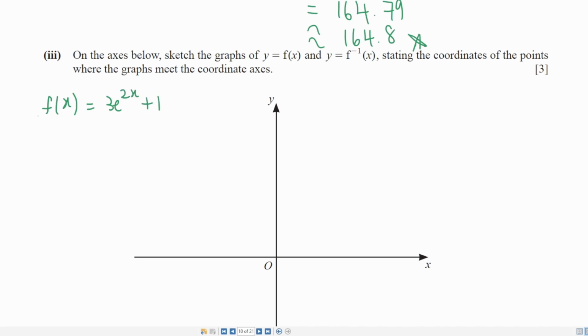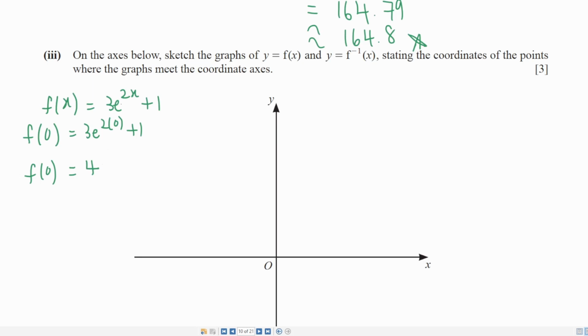Okay, and to find our y-intercept, if there's any, the y-intercept always occurs when the value of x is equal to 0. So the function of 0 will be 3e to the power of 0 plus 1. e to the power of 0 is 1. 3 times 1 is 3. 3 plus 1 is just 4. So we know that our graph intercepts at the value y is equal to 4.